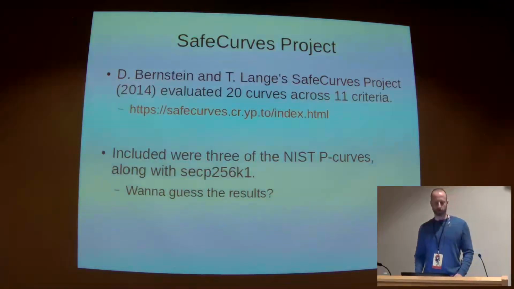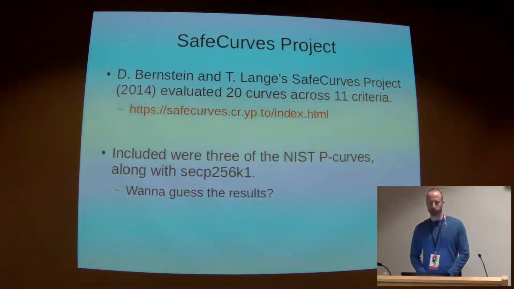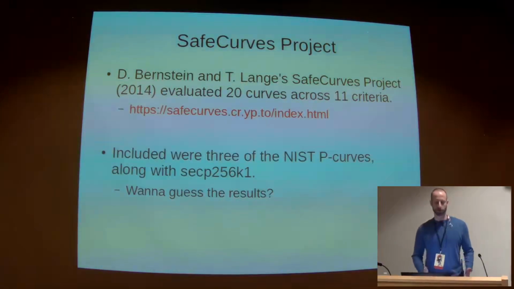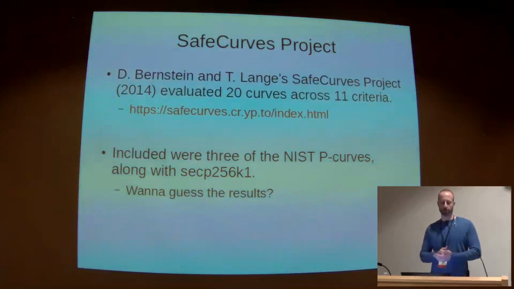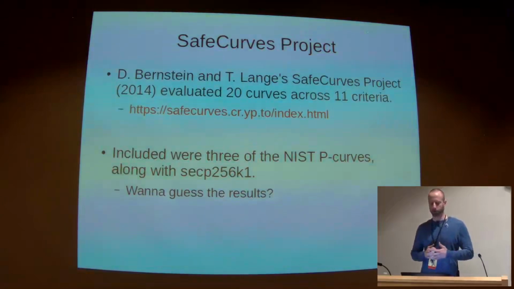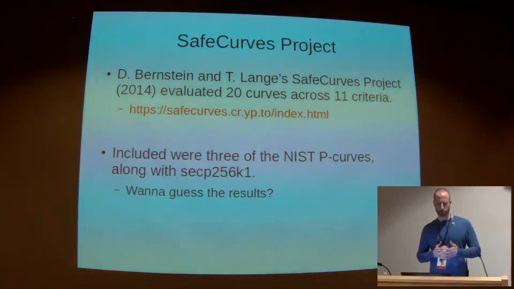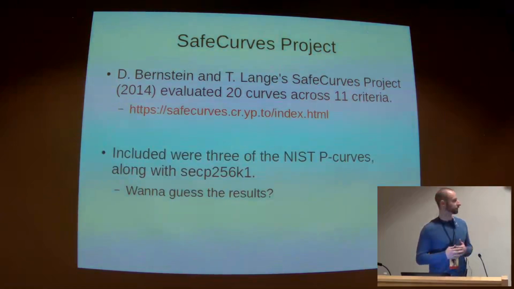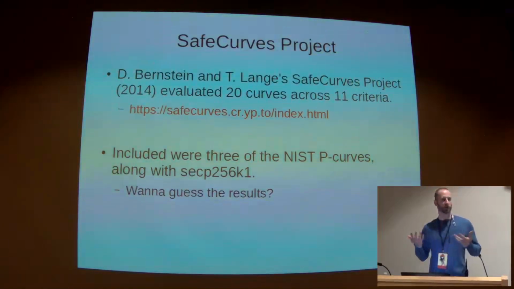In 2014, Bernstein and Lange came out with the SafeCurves project. It's actually a set of web pages where they evaluate 20 curves across 11 criteria. And in that were 3 of those P curves, along with secp256k1, that's the Bitcoin curve. Anybody want to guess what those results were?